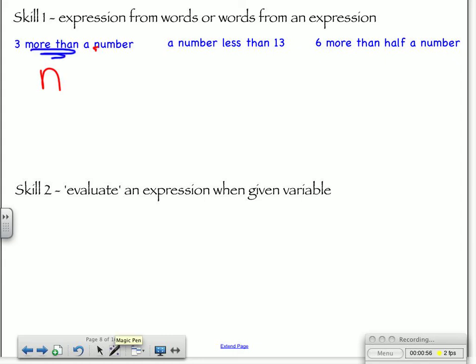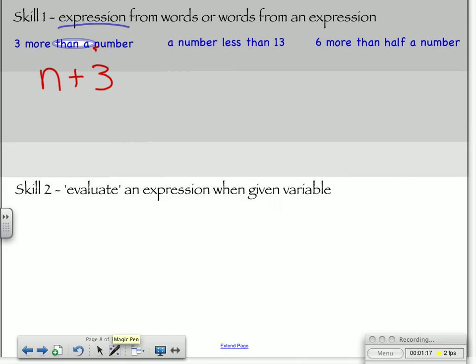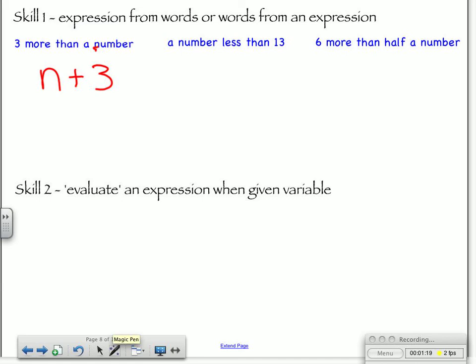More than, the math thing we associate with that is addition. And it's 3 more. So in math, N plus 3 is an expression, and we got that expression by taking these words. Okay? So we can do different examples of that.